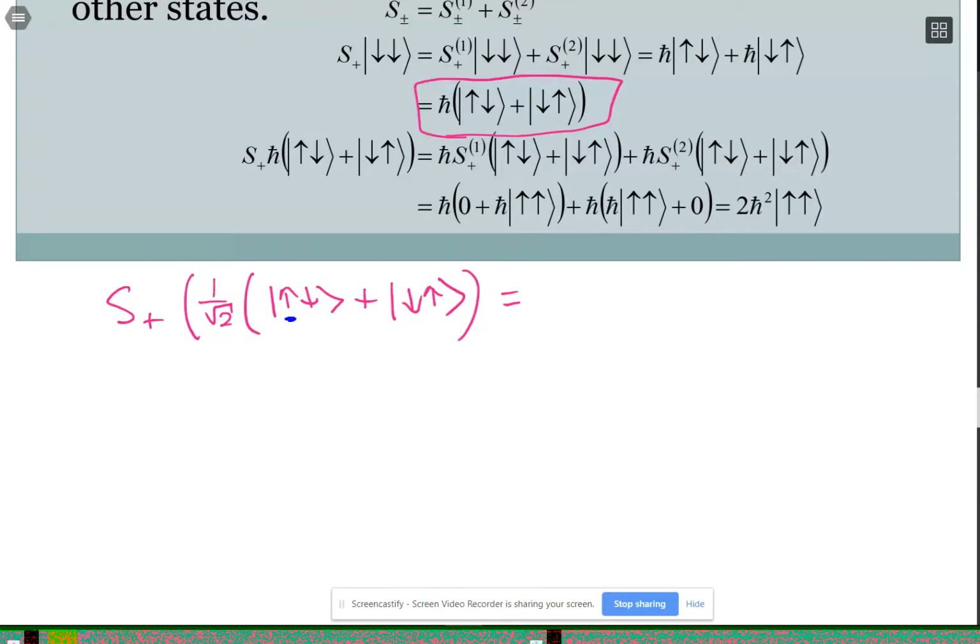If I try to raise it when it's already in the up state? 0, that's right. What do I get if I try to raise this? I get up. So I'm going to have 1 over root 2. And then I have the h bar because that comes from each time I do it. And I have up from applying the first one. Now let's raise the second one. What do I get when I raise the second item here? And what do I get when I raise the second item here?